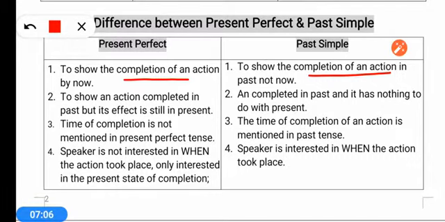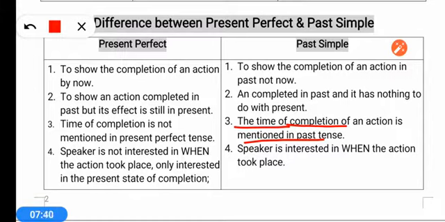Second, its effect is still here in the present, but in past we don't talk about the present. The time of completion is not mentioned in present perfect tense, but in past tense time is mentioned. The time of completion of an action is mentioned in past tense, whether it happened 1 second before, 1 hour before, 2 minutes before, we use time.